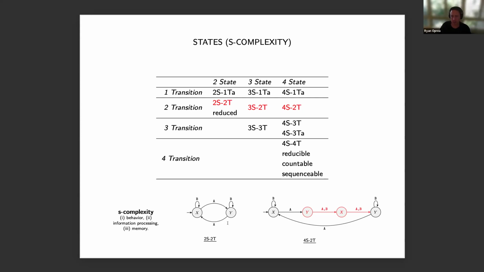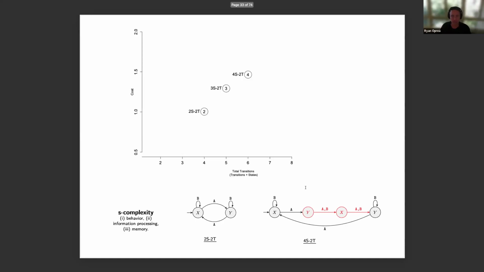This rule 4s2t has the same number of transitions in excess of the number of states, but it inserts two states into the rule. By comparing people's willingness to pay to avoid this rule, and other rules in between, we can get an estimate of the average contribution to complexity, the average increase in cost that comes from adding a state to a rule. Okay, and what you can see here, I'm going to plot this with total transitions. This is the number of transitions in the rule plus the number of states.